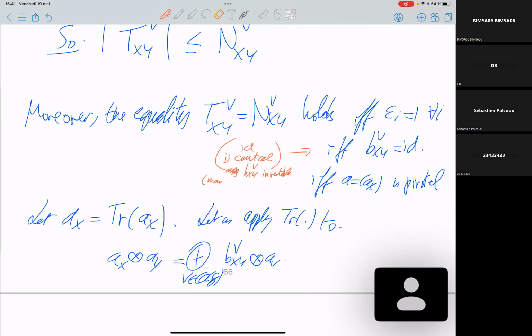May need more. Plus more. When I say plus more, should we have more property of this matrix to get that?